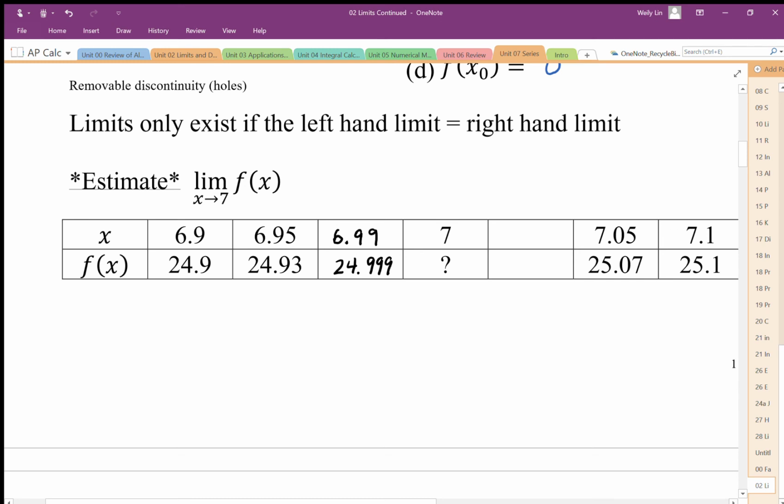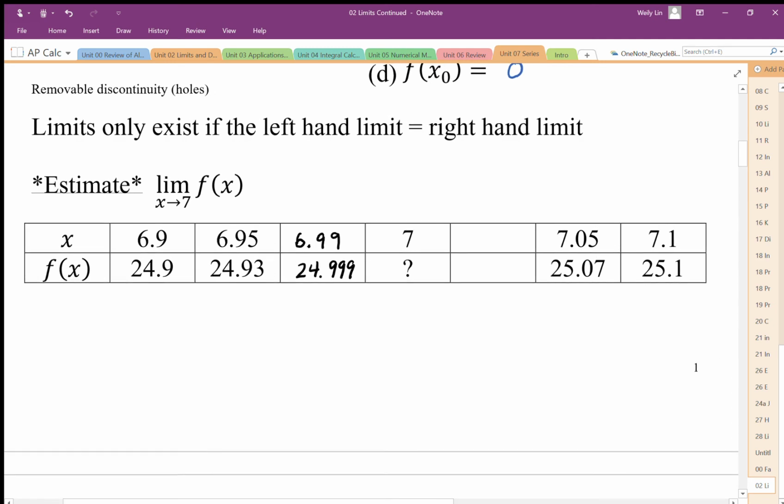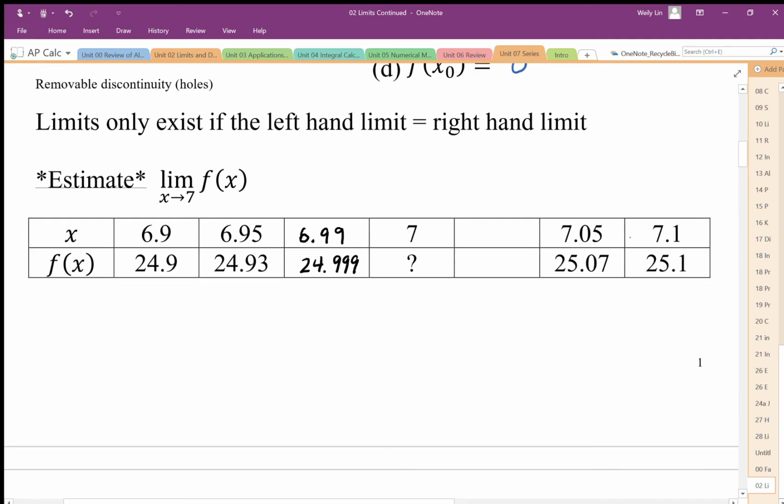And we don't know what's happening at 7. From the right hand side here, at 7.1, we get 25.1, at 7.05, we get 25.07. Let's say at 7.01, we're ending up with 25.02.